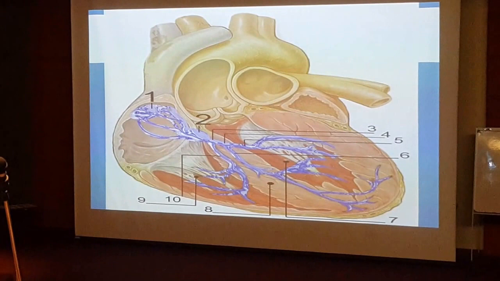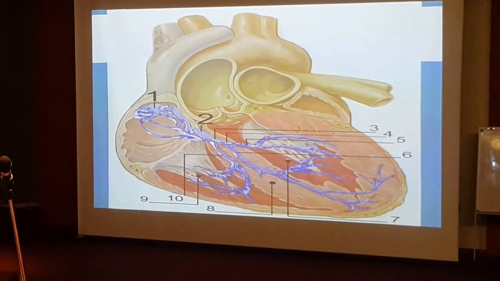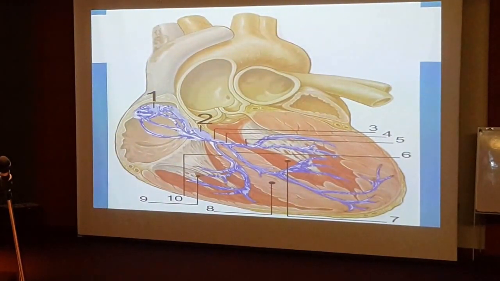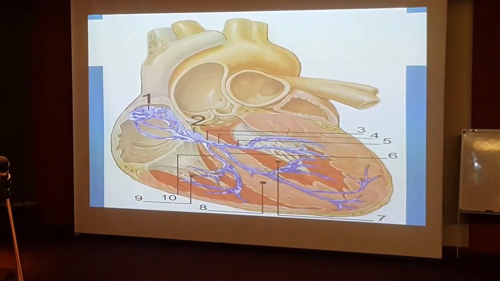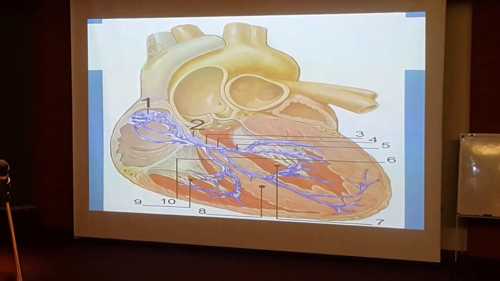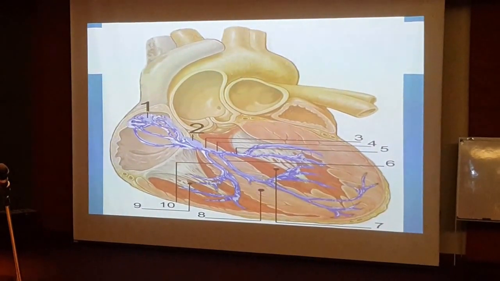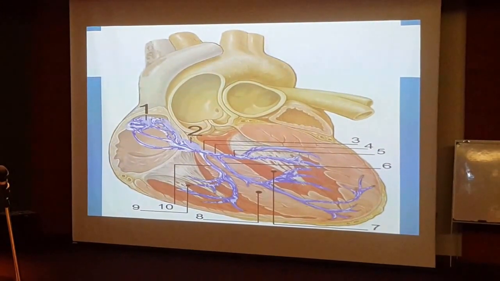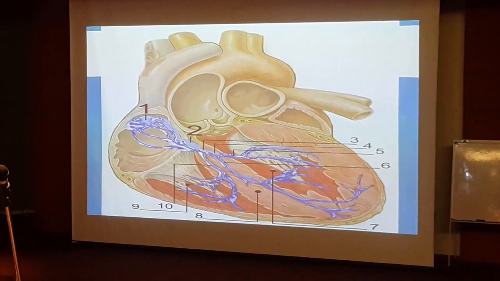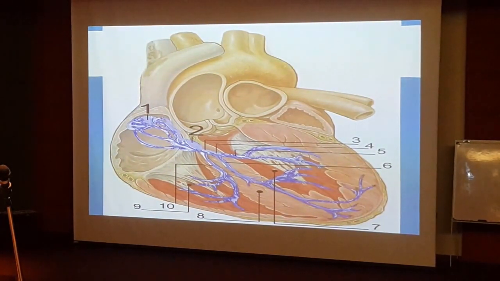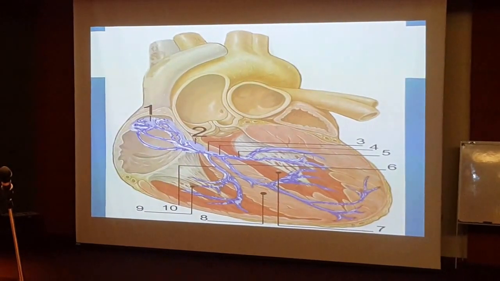That's your AV node. And then it passes very close to the tricuspid valve. And just beside the tricuspid valve is the membranous region of the interventricular septum. So the bundle of His passes very close by. Any device that can impact that region can cause problems at this place.